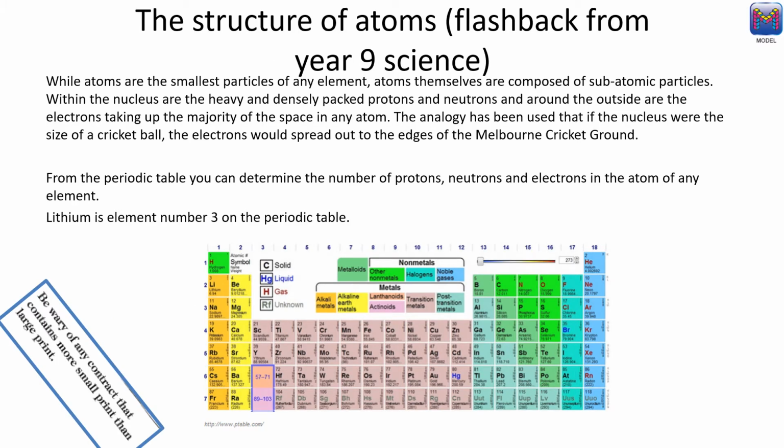So back in grade 9, you would have seen this thing here, the periodic table, okay? Because it's in periods, or it's like those columns and rows on the table there, that we arrange the atoms, or all the elements that we know of, okay? Grade 9 science, you would have looked at the smallest particles being atoms themselves.